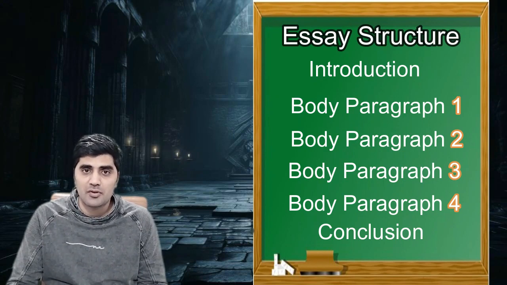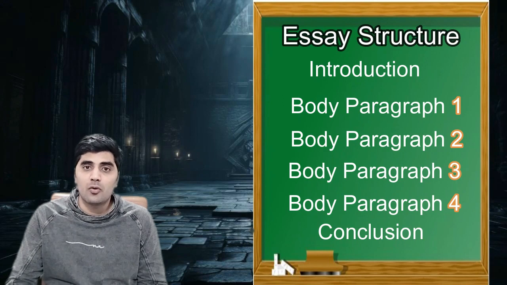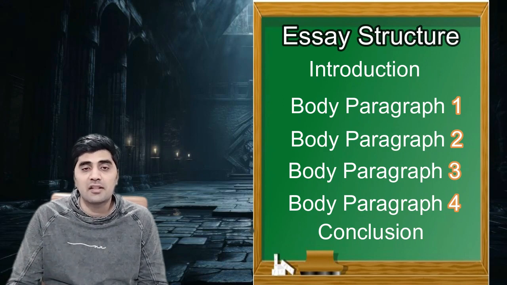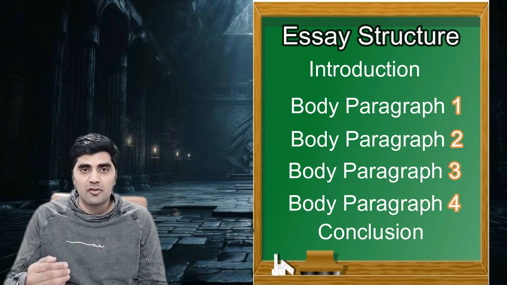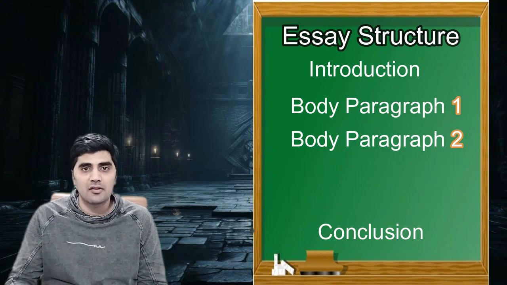If someone cannot fit all his ideas into 2 paragraphs, then he has to expand to 3 or 4. So it depends on you, but we mostly have an introduction, 2, 3 or 4 body paragraphs, and a conclusion.